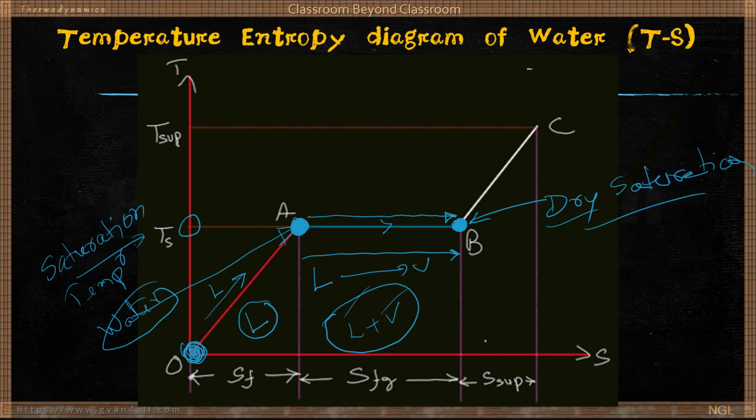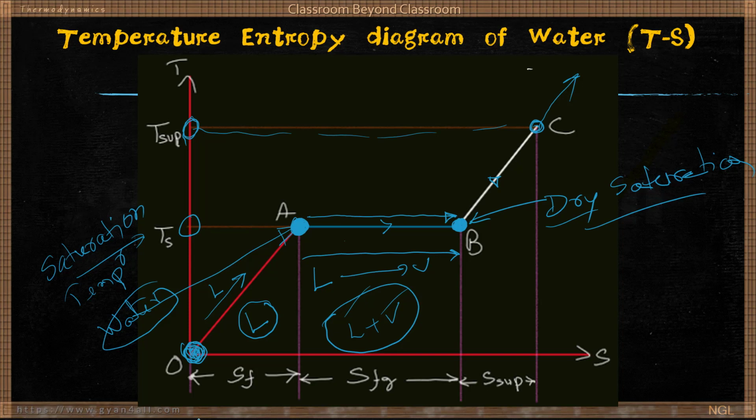After this, if we add heat, then the temperature of dry steam will increase, and that we call superheated steam. Say for a particular point C, it may also go beyond this, but we consider one point C, and at this point the temperature is called T sup. That means temperature of superheated steam.